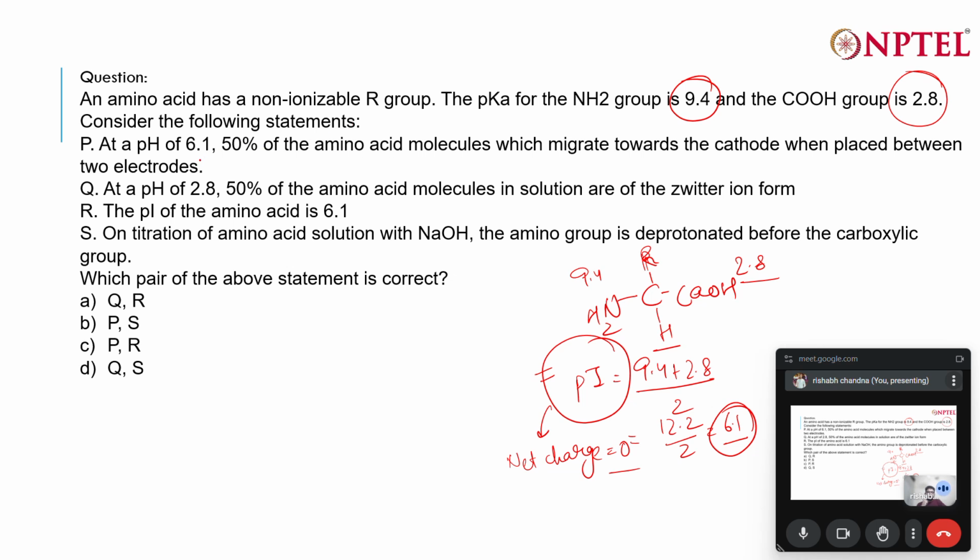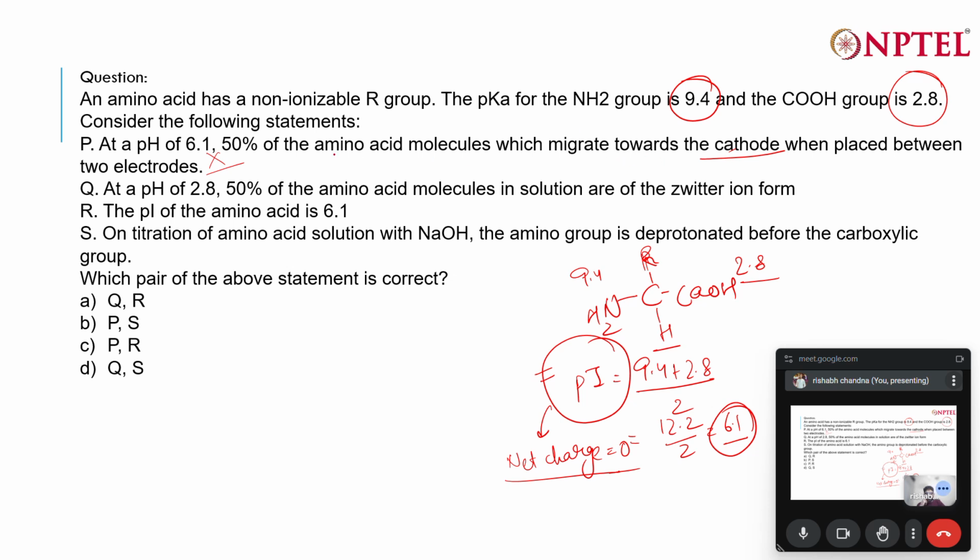At pH 6.1, 50% of the amino acid molecules will migrate towards the cathode when placed between two electrodes. No, this is false, because pH 6.1 is the pI of the amino acid. At that pH, the net charge would be 0, and if we put the molecules between the electrodes, none of them will move to either side.